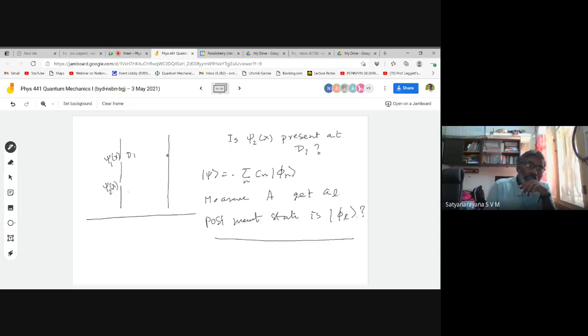If you detect the particle coming out of slit 1, then you don't have interference. If you don't detect the path, then you have interference. That is what is experimentally observed, and that is what quantum mechanics gives you also. But anything more than that is something we don't have a way to find out.